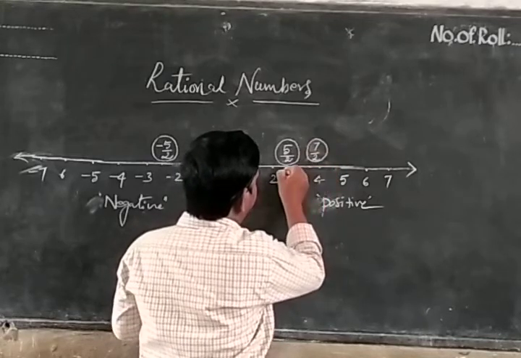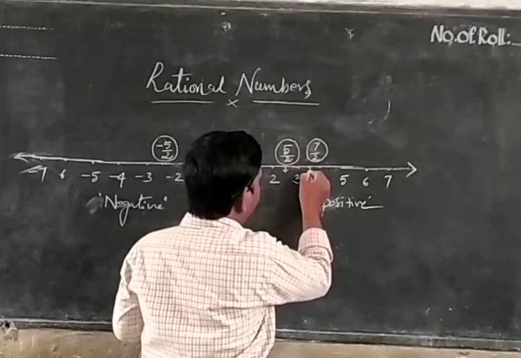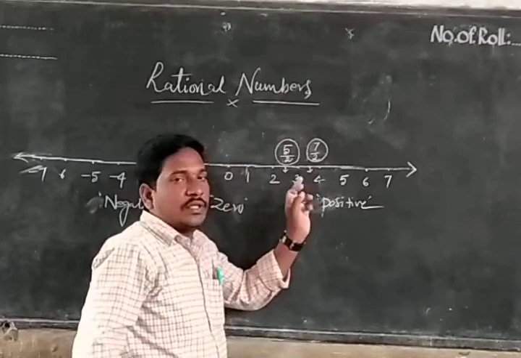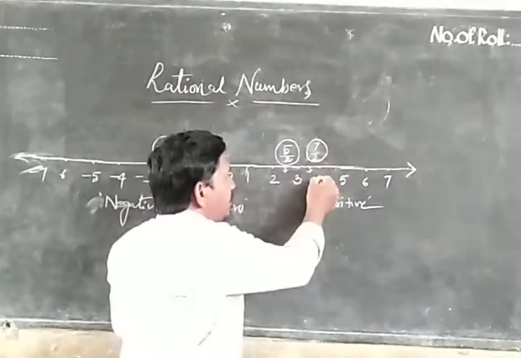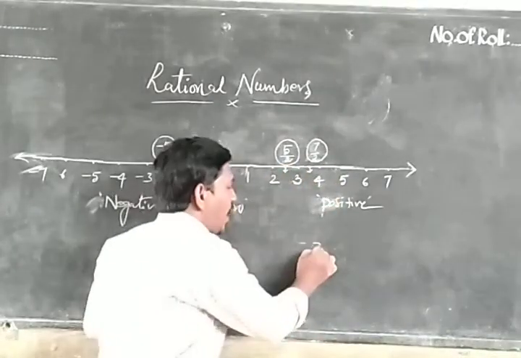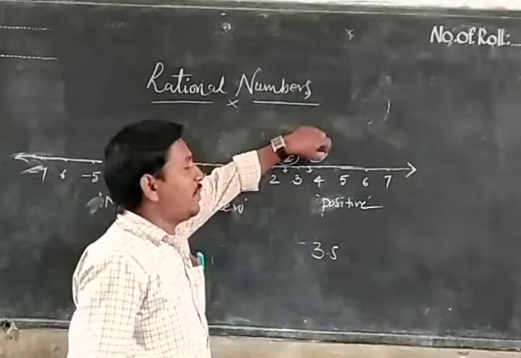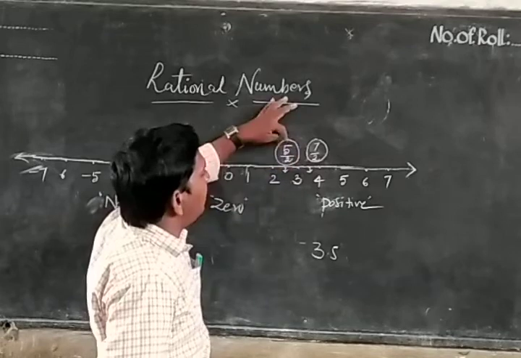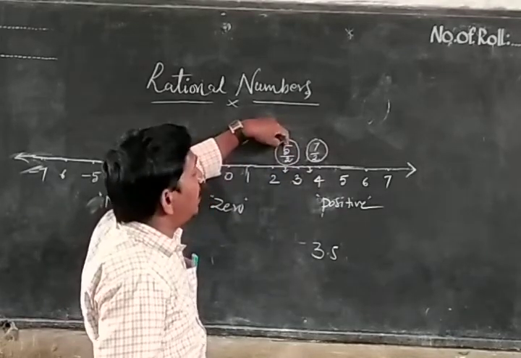The mid value of 3 and 4: 3, 3 and a half, 4. The middlemost value of 3 and 4 means 3.5. 3.5 is represented by 7 by 2. And the mid value of 2 and 3 is 2 and a half. 2 and a half is represented by 5 by 2.